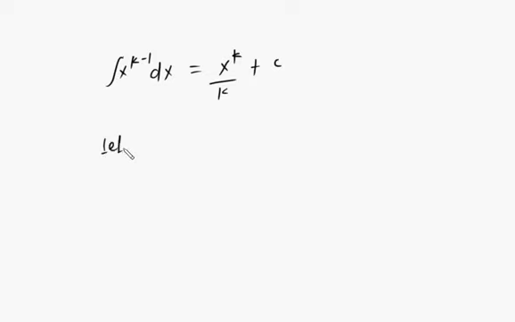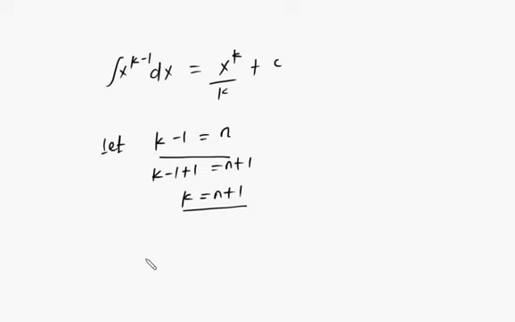Now let k minus 1 be equal to n. What does that mean? Adding 1 to both sides, k is n plus 1, and k minus 1 is n. So if I integrate x power n with respect to x, I get, remember here it was c over k, but c over k is just another constant, so I leave it as c. I get x power n plus 1 over n plus 1 plus c.